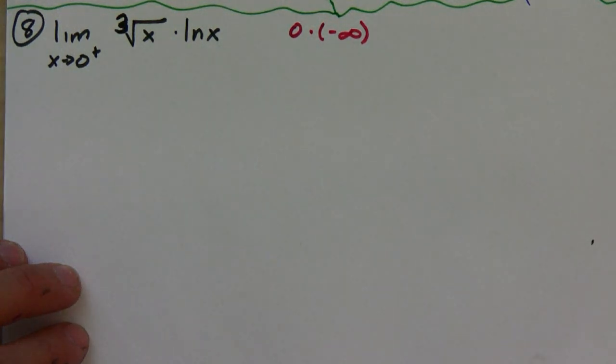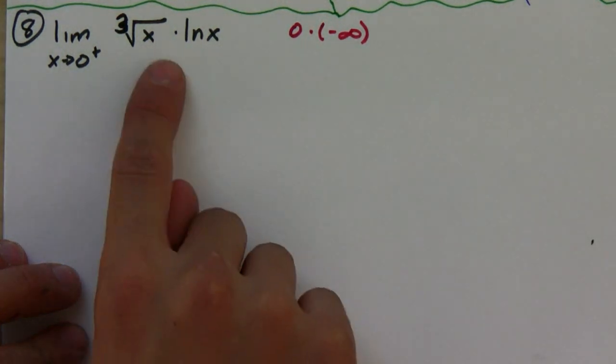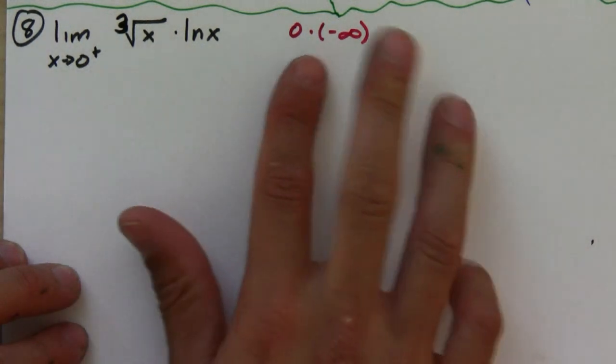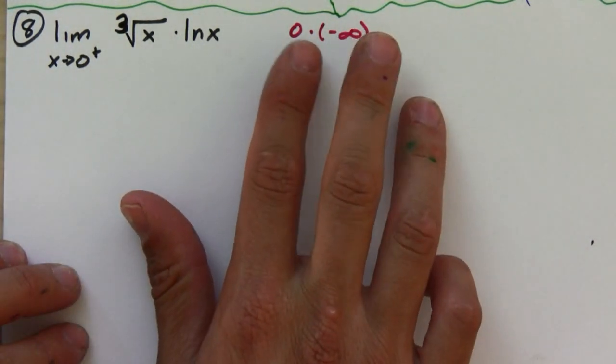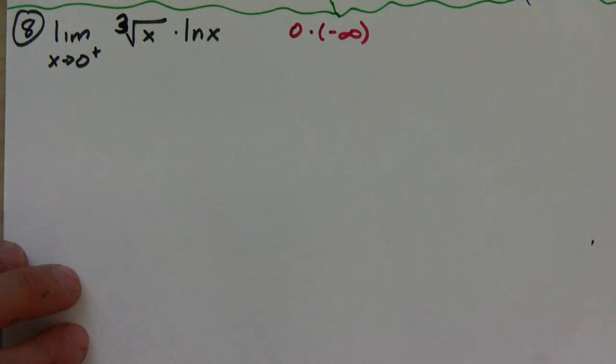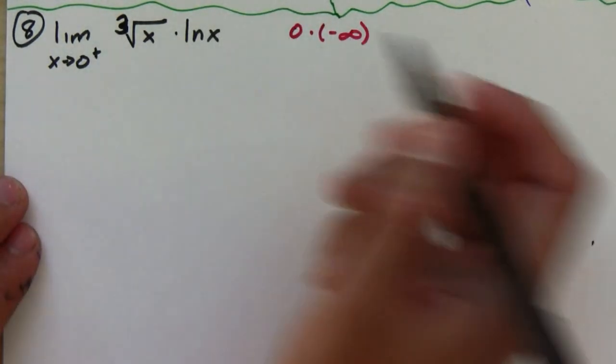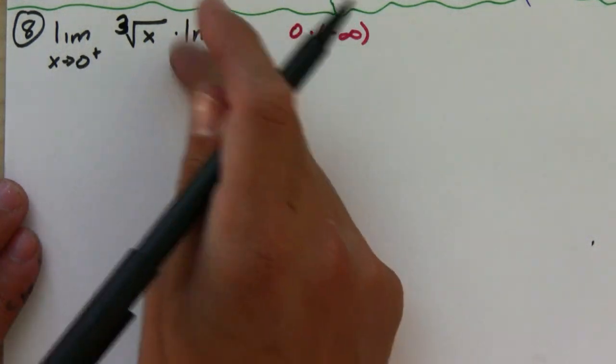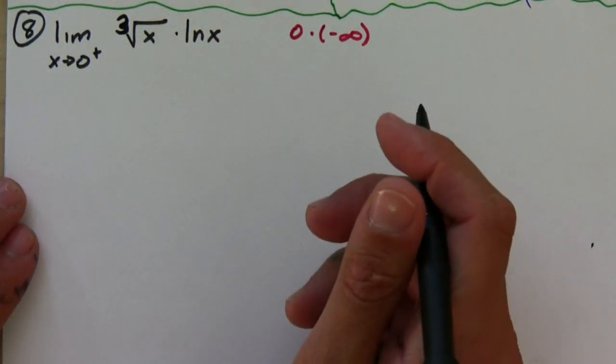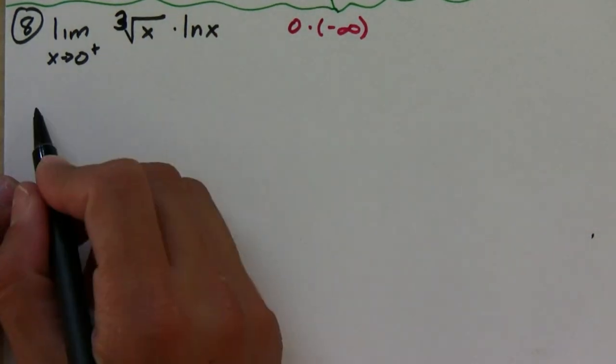So this is indeterminate, and by now we probably have a pretty good idea of what to do, because whenever we have 0 times infinity, what we've done so far is turn it into a fraction by using our little backwards tortilla trick.